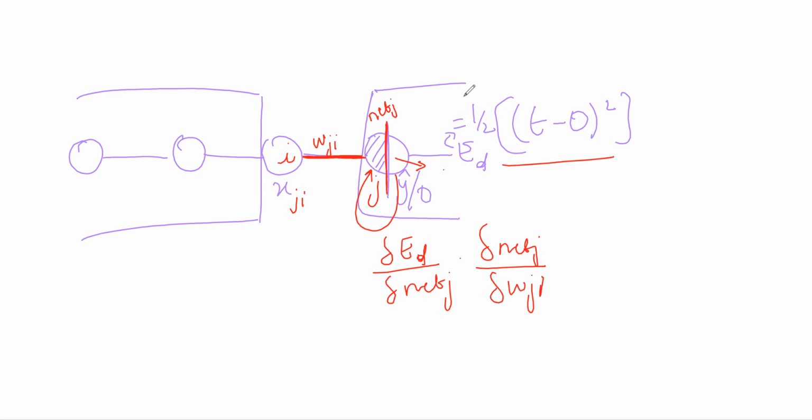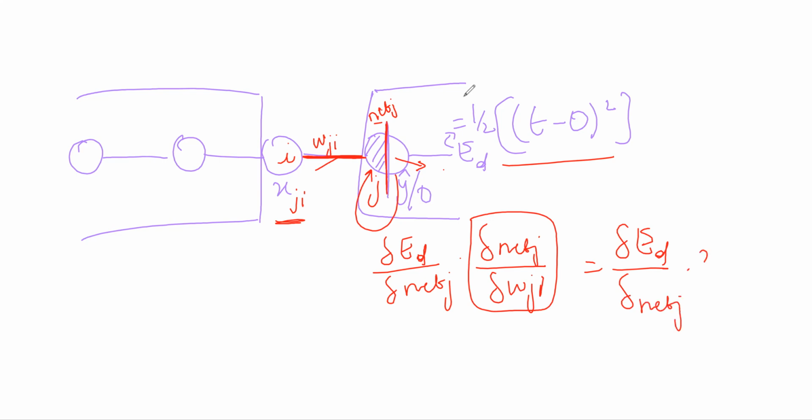This is nothing but x_ji, because x_ji itself is going to impact net_j. So this term I will write as delta E_D divided by delta net_j into x_ji, a simple term.